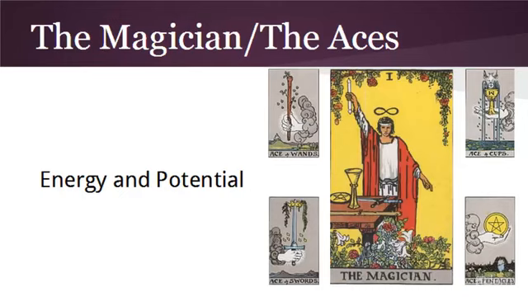With each of the aces, it's about becoming aware of this new opportunity, whether it's for creativity, love, mental clarity, or gain, or financial or physical gain of some sort. And with the aces, that's what it's about. It's about that potential for each of the suits based on their particular energy.